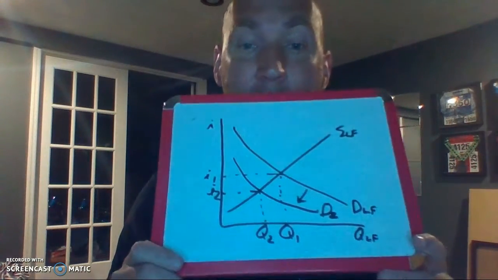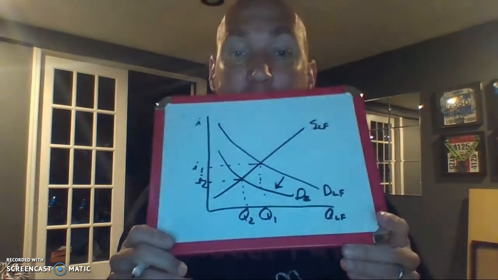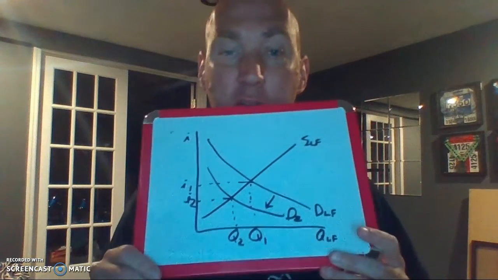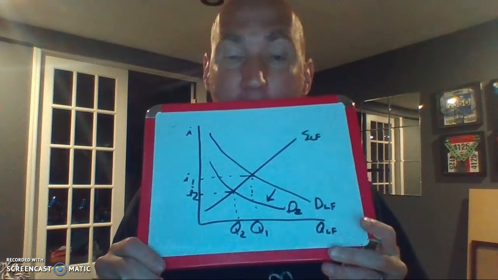So demand for loanable funds, due to a decrease in government borrowing, would decrease. Real interest rates go from I1 to I2. Real interest rates would decrease as well.